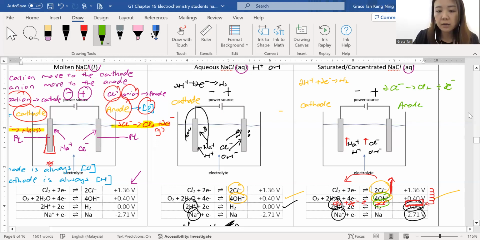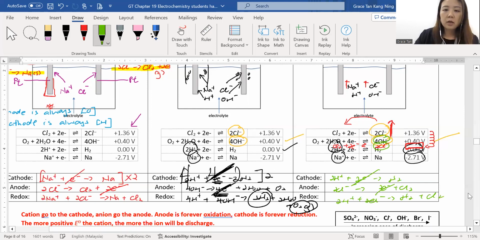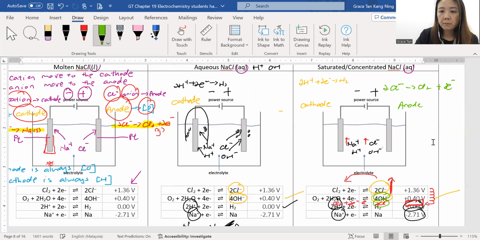So if you were to plug the two equations down here, so cation is this, and anion is 2 chloride, donating 2 electrons to give chlorine gas. These 2 electrons can cancel, hence 2H plus 2 Cl minus to give hydrogen gas and Cl2 gas. If you want, you can draw over here.